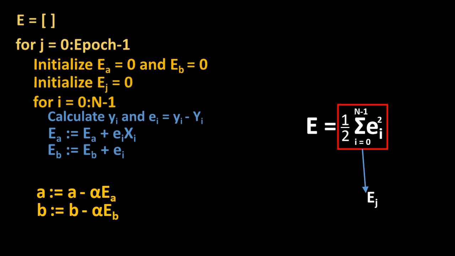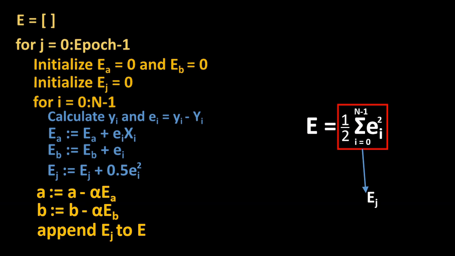Next, update this value of EJ as EJ plus half ei square for each dataset, and finally add this value of EJ to E. This way we can have a history of values of cost function for all the number of epochs, that is E equals E0, E1, E2 up to E epoch minus 1 as shown here.